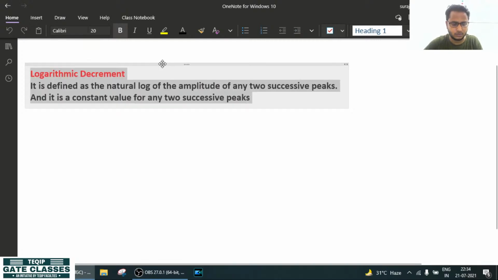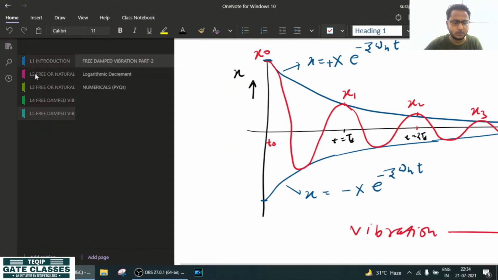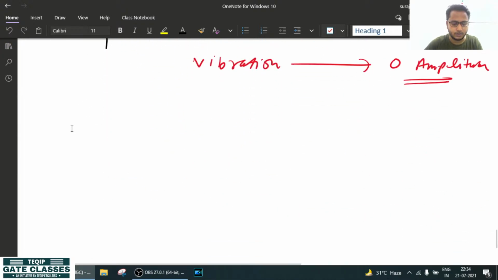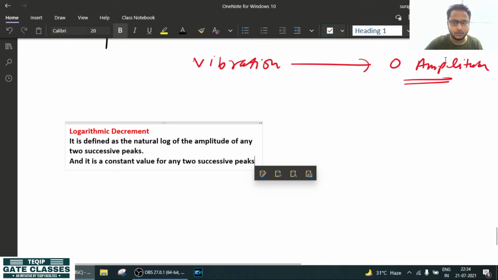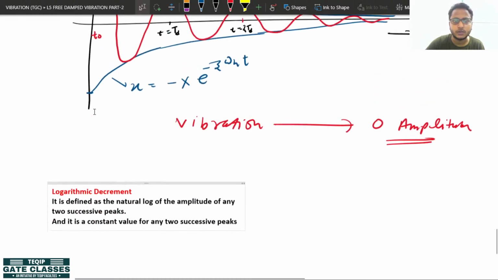So we are going to show the same thing on the same page. This is logarithmic decrement. It is defined as the natural log of the ratio of the amplitudes of any two successive peaks, and it is a constant value for any two successive peaks, right?